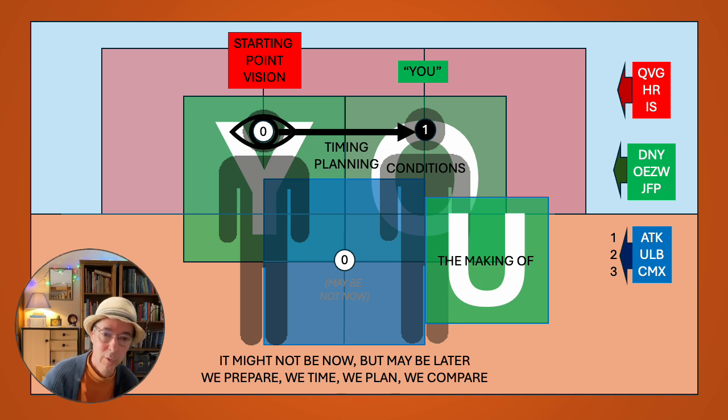So we use timing, we use planning, and the number 1 is the definition of the conditions that we should reach, might reach, could reach, whatever. It might not be there now, in what is now the 0 point. Maybe later we can prepare for it, we can time it, we can plan it, and we can compare things.